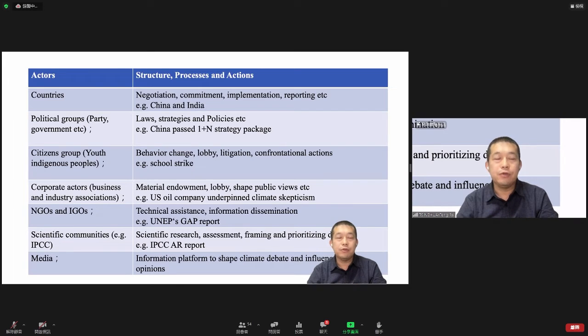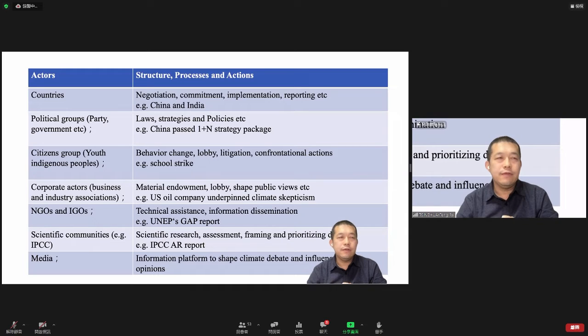For example, the United States oil companies stand behind the climate skepticism that denies climate change, and they were very important actors in the governance structure of the United States.